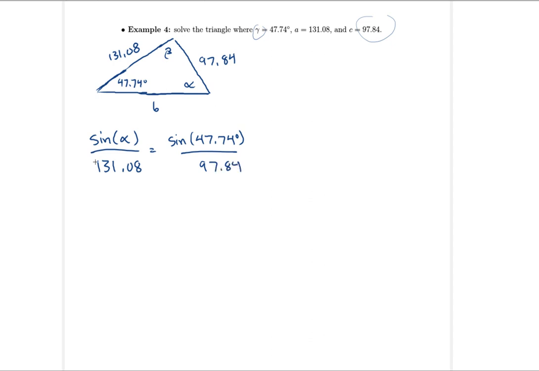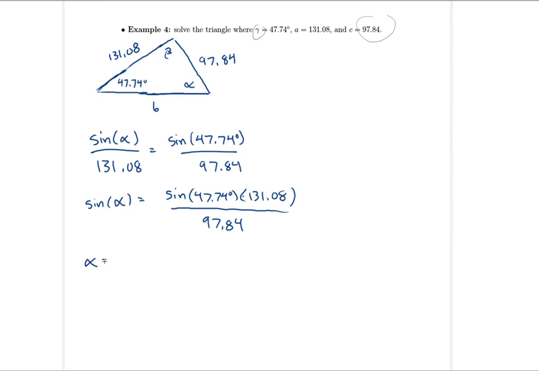All right, so I can multiply both sides by 131.08, so the sine of alpha is the sine of 47.74 degrees times 131.08, all divided by 97.84.